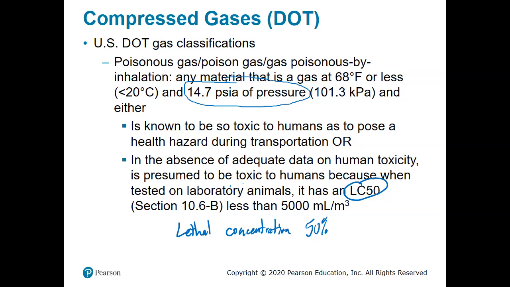So to be considered a toxic gas, it needs to exist in the gas phase in any amount, basically, up to including 1 atmosphere of pressure. And it either has to be a known toxin or a presumed toxin based upon laboratory testing results.